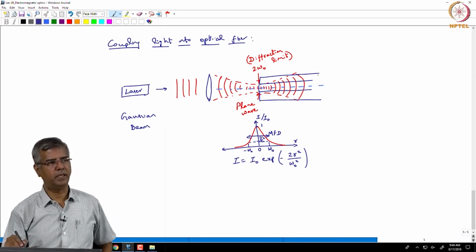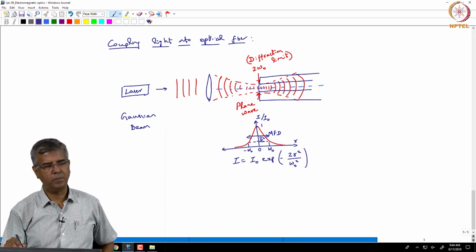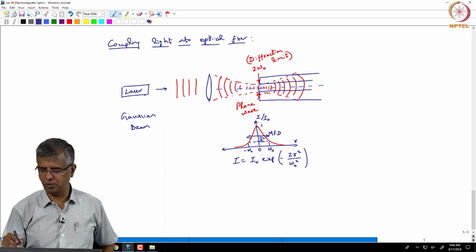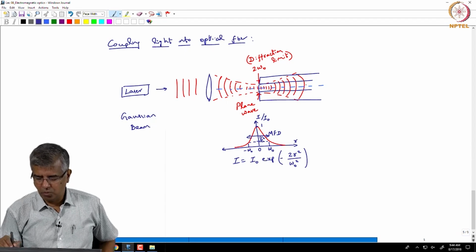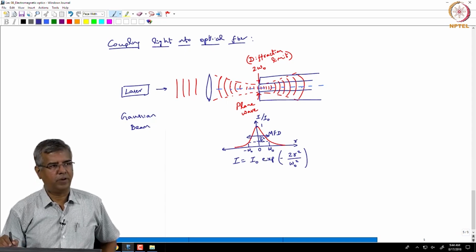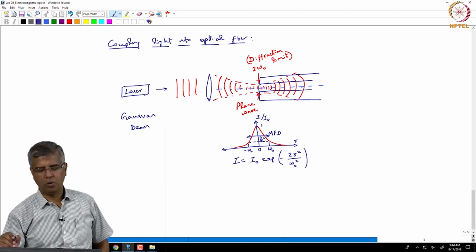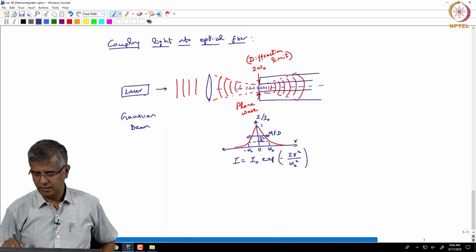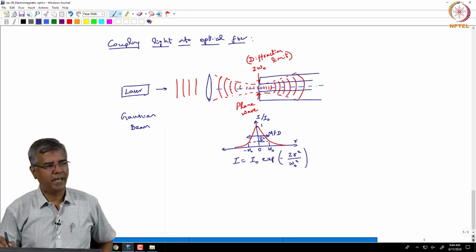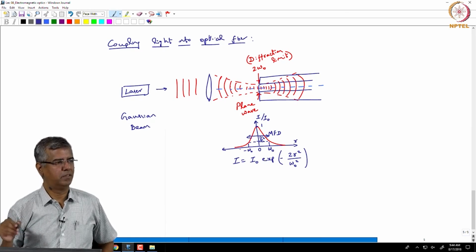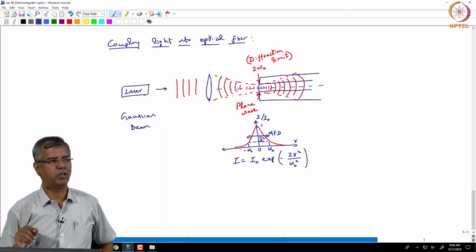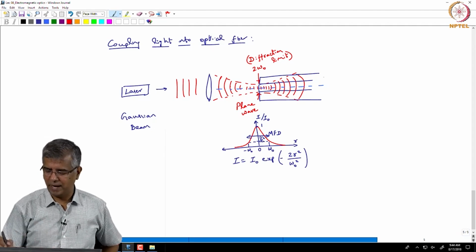So I want to put the fiber core over here at the focus region, and I am saying that the mode that's supported by this fiber is Gaussian in shape, and the mode field diameter within this fiber has to be consistent with the diameter of my focused Gaussian beam, so that I can have maximum coupling.